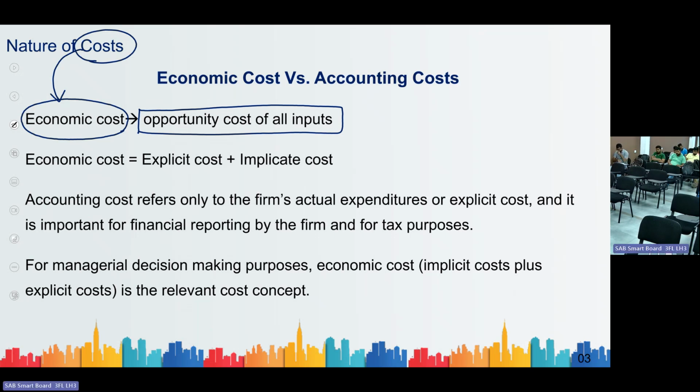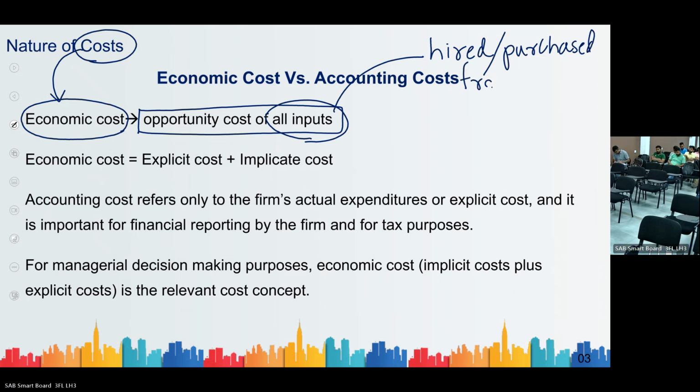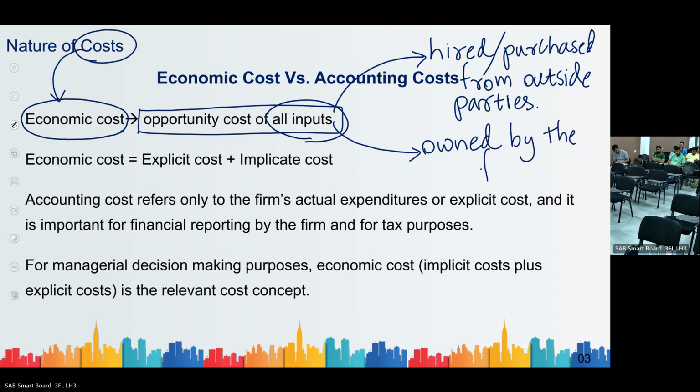There are two types of inputs. Some of the inputs are hired or purchased from outside parties, and the rest of the inputs are owned by the firm. For example, labor.